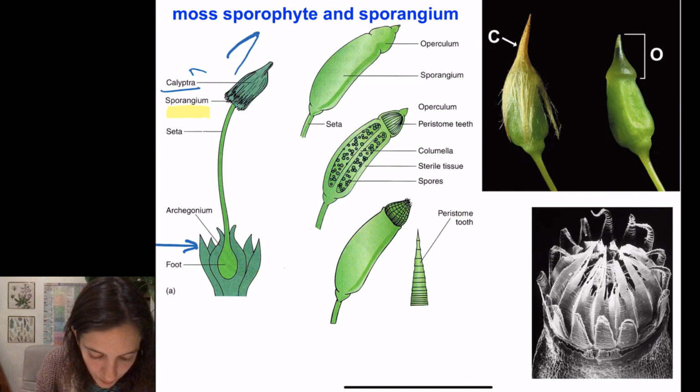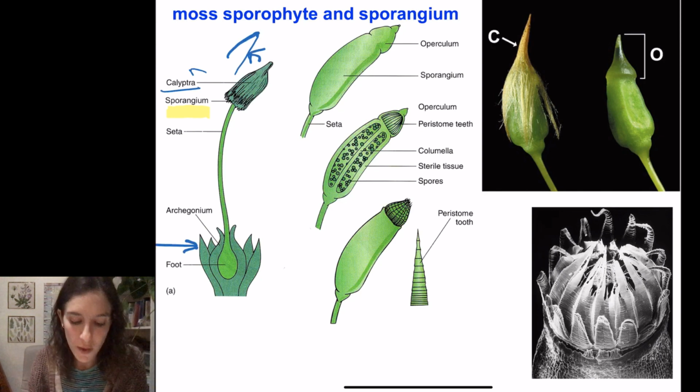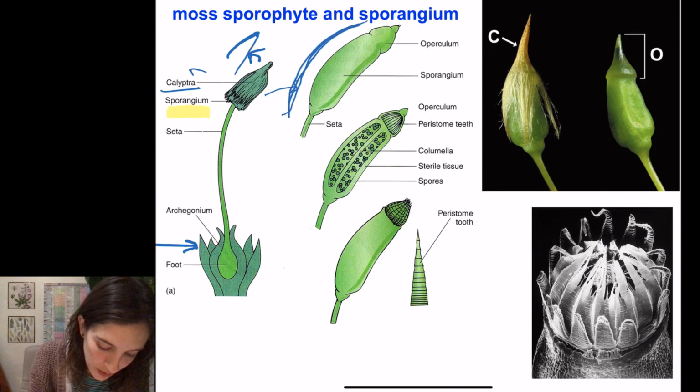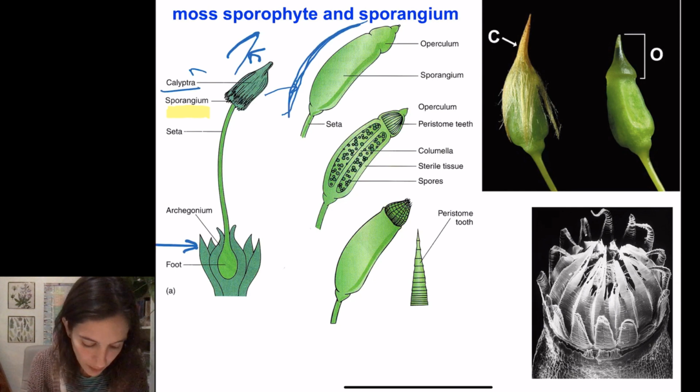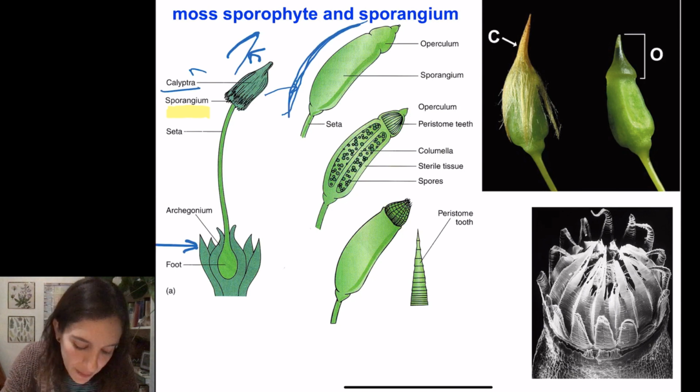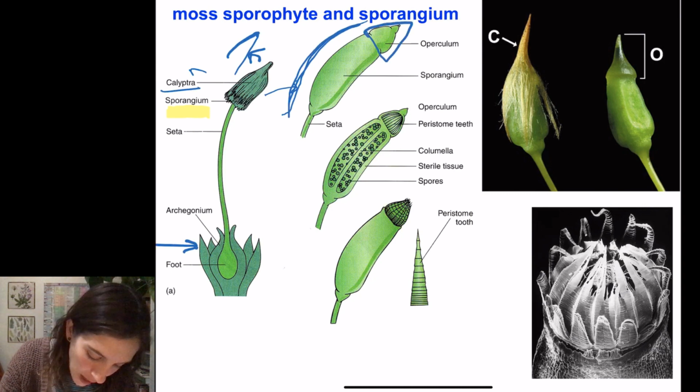It's like a little wizard hat type of thing, and it just falls off. There it goes. And now it exposes this underneath. This whole structure is exposed. And we've just zoomed in here above the seta, which is the stalk of the sporangium that connects it to the gametophyte.